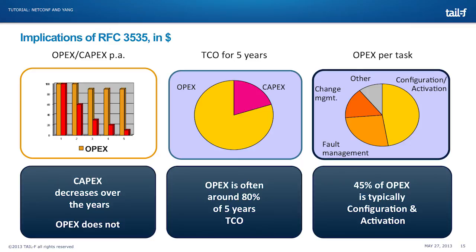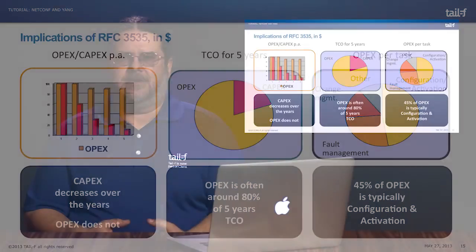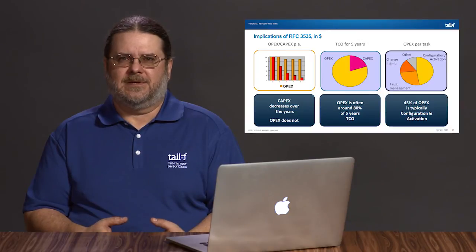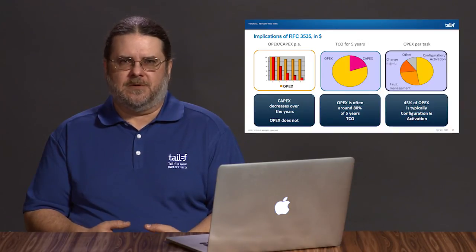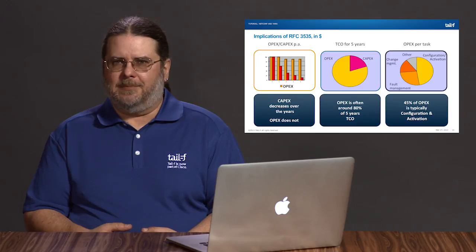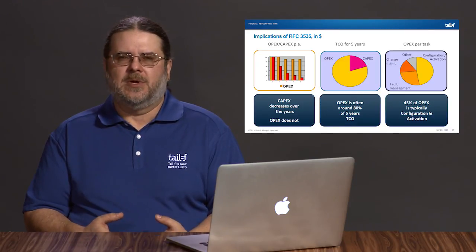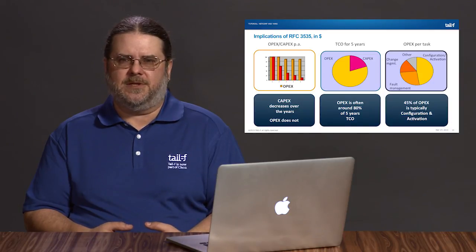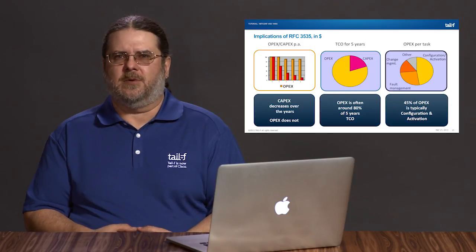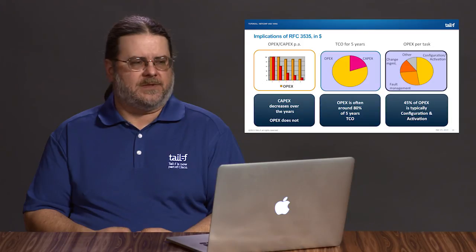So you may be able to sell the least expensive device they could buy, but if it isn't easy for them to manage, if it's going to increase their OpEx, it's going to be very difficult. So supporting modern management that makes your device very easy to manage inside the network and integrate into an existing network is extremely important to the success of your network device.